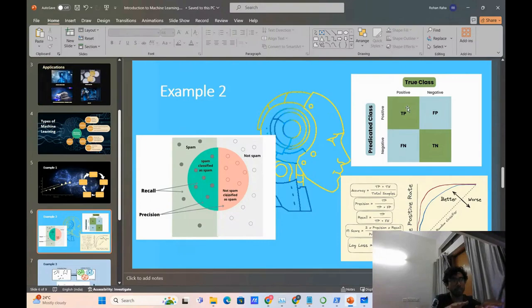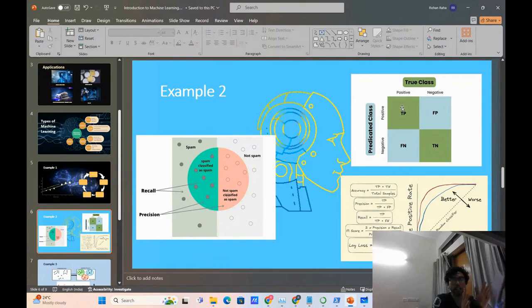So it is the probability that the algorithm is actually positive given a positive result, as Pritham has mentioned. Given that your algorithm is predicting a positive result, what is the probability that those people are actually positive? Whereas recall is, given that they are positive, they have cancer, what is the probability that you are correctly classifying them as having cancer?